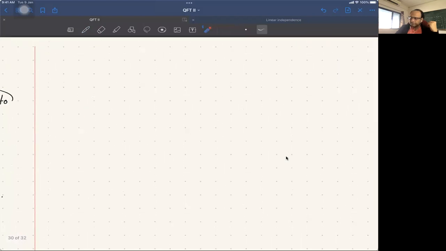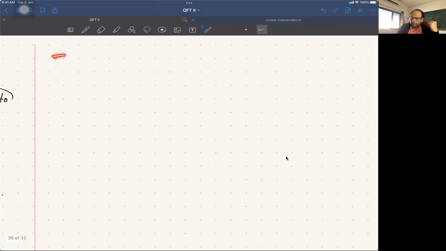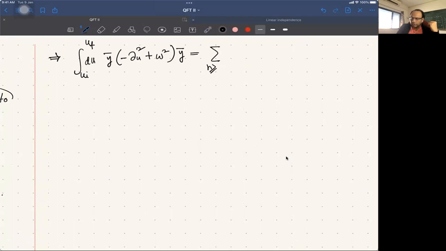So if you do this calculation, you can show that the integral du from ui to uf of y bar times minus del u square plus omega square, y bar, is equal to the sum over n greater than or equal to 1 of lambda n plus omega square times y tilde n squared.